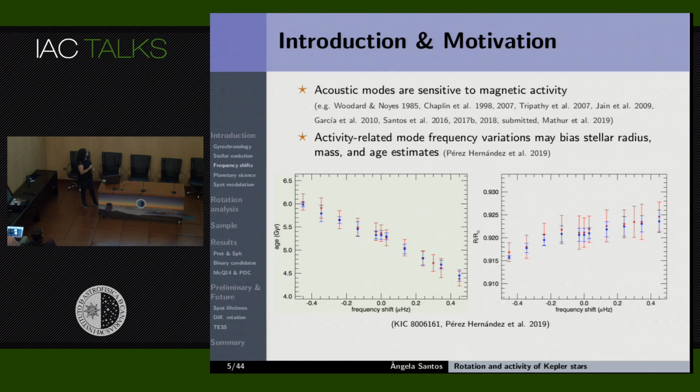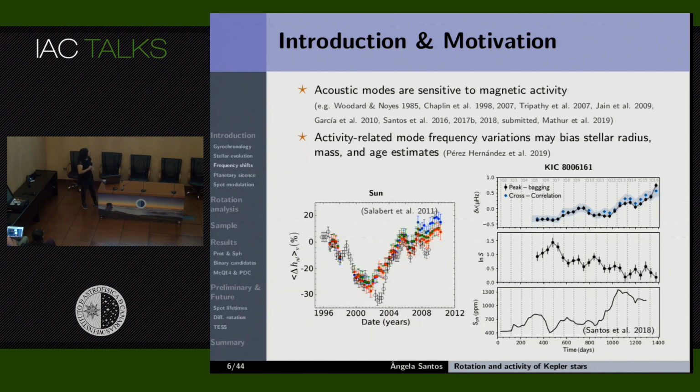So if we don't know whether the stars are active or not, and if they are at a high activity level, we may bias our estimates for stellar parameters that we obtain from asteroseismology, such as ages and radius of stars. So it's also important to know the activity level of these stars.